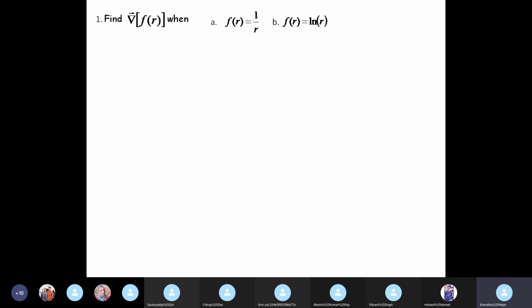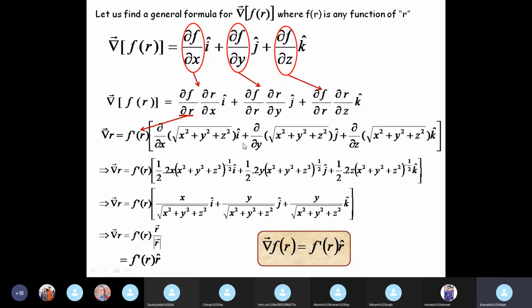I'll show you the formula once more. This is the formula. Write it down somewhere. Grad f equal to f prime r r cap. Now you have to find the value when f(r) is 1 by r. So what will be grad of 1 by r? Quickly.